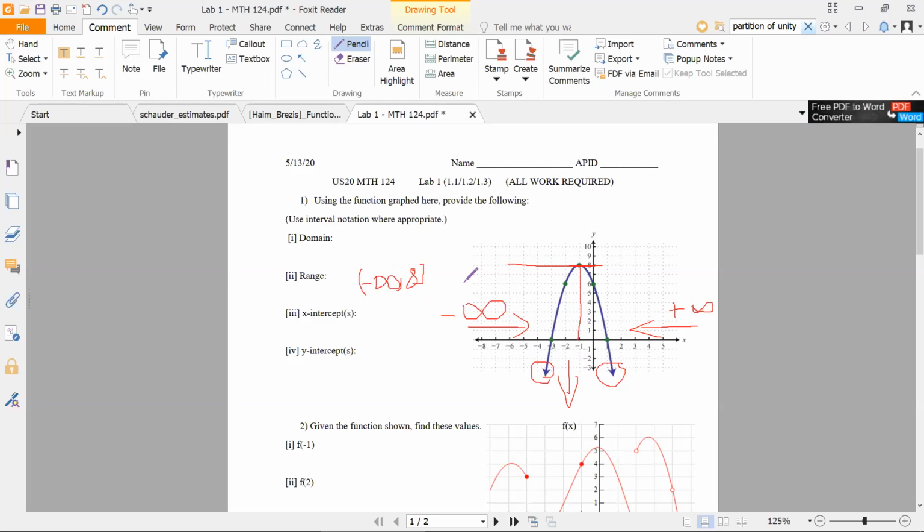However, remember, if they just ask you to use this information of the graph, without further notice, you can do something like this.